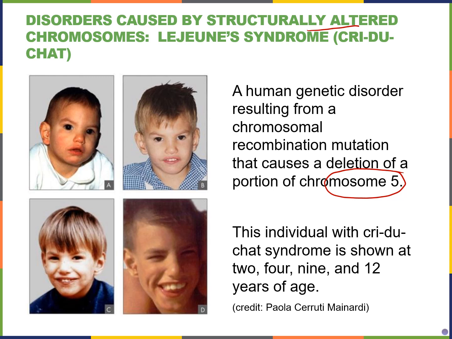If you have a child that's born with this syndrome, they'll be severely intellectually disabled, and they usually have a cat-like cry. I believe this is one of the most commonly known cases, this child right here. I believe there are some videos showing his cry to help medical students understand the syndrome.